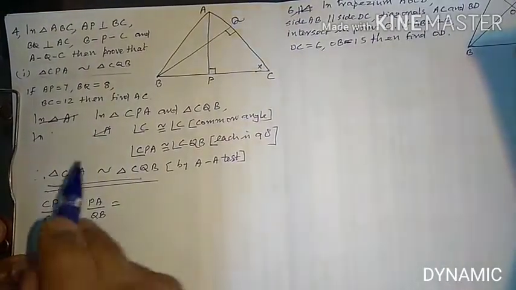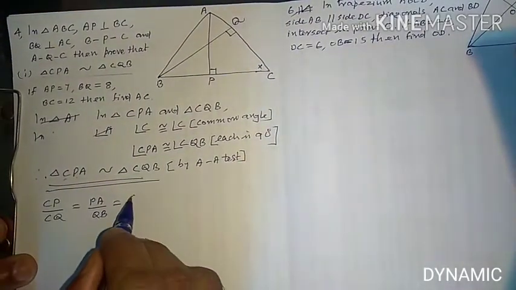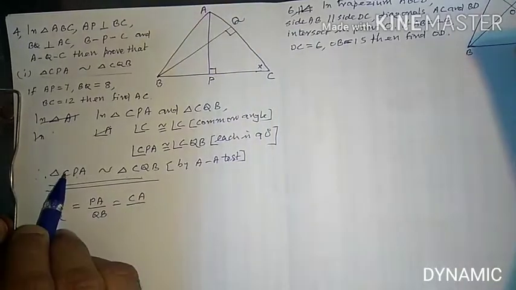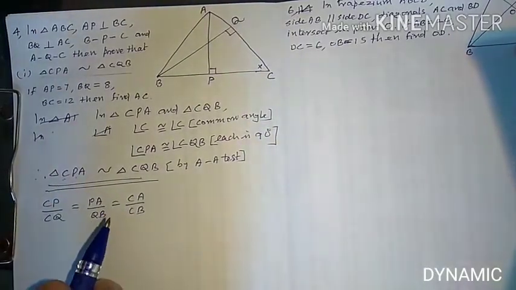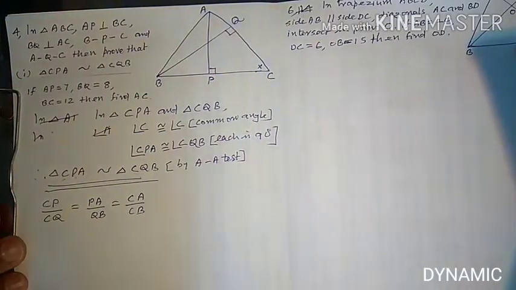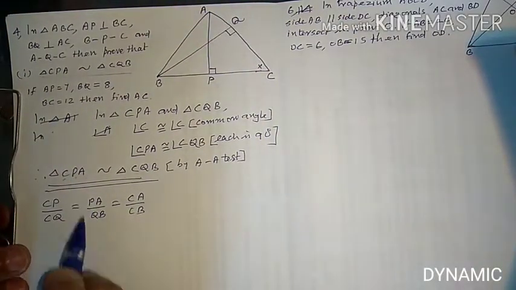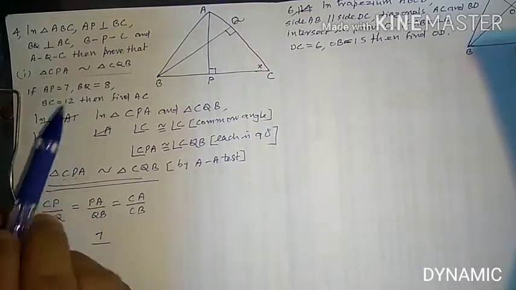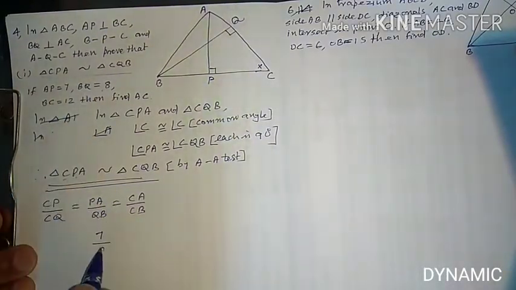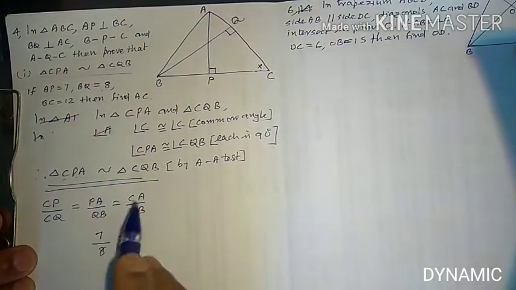The third one is CA upon CB. We got the sides. Now whatever given readings are there, we apply. AP is 7 upon BQ, BQ is 8, equal to CA. AC, that only we have to find out.